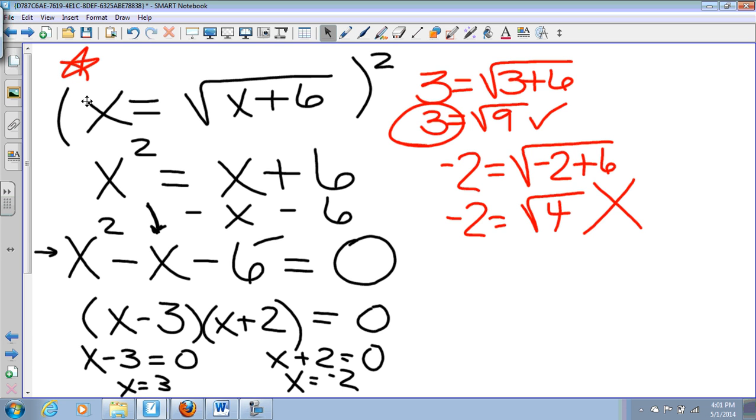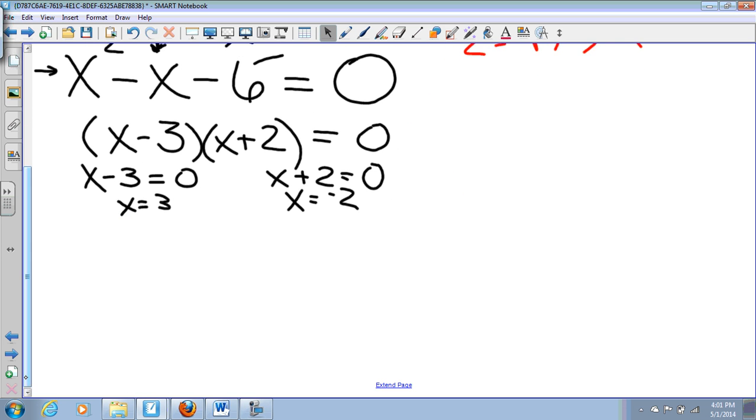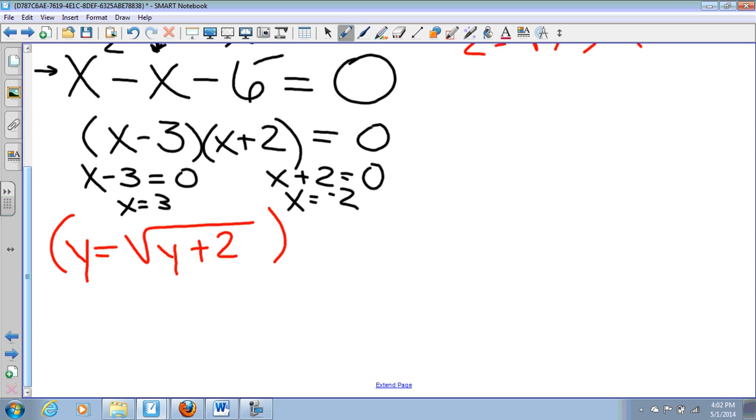Let's try another example of that. y equals the square root of y plus 2. Way to square. So y squared equals y plus 2.